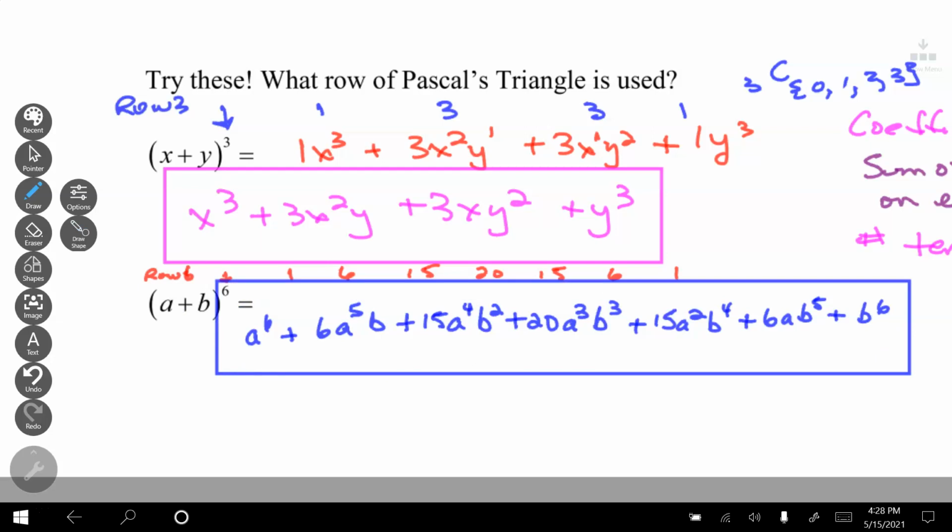If you notice, those coefficients, in red, are from Pascal's triangle, and the sum of the exponents for every single term is equal to 6 because we did row 6. And there are 7 terms because I did the 6th row.